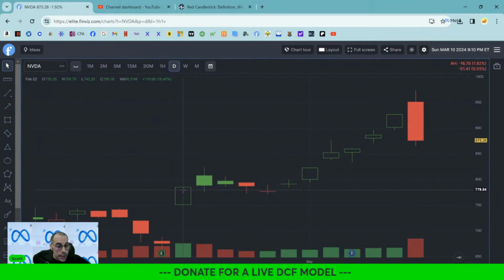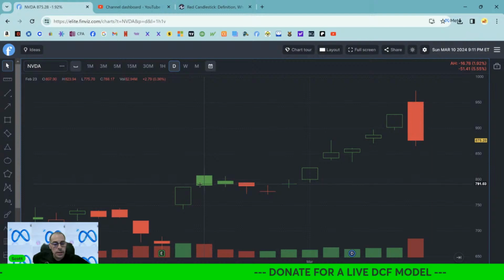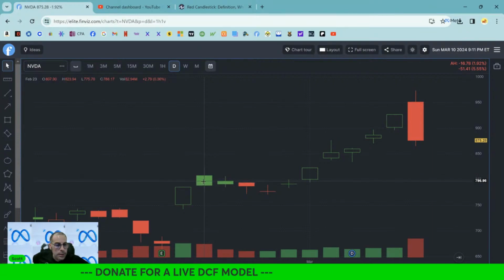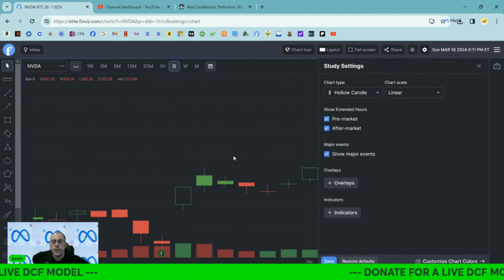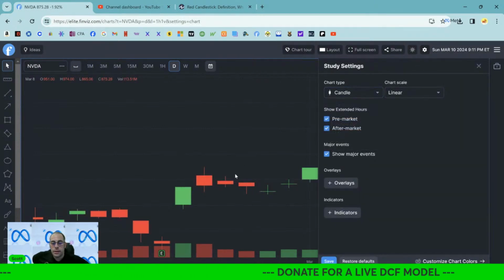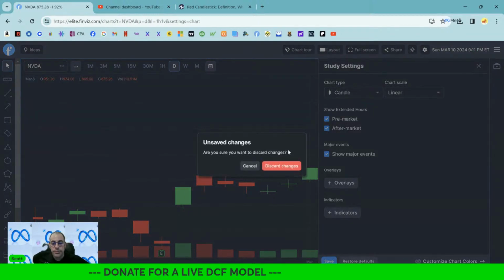So this closed at 785, and this opened at 807, and closed at 788. So this was on February 23rd. February 23rd, it's green, and it's red here. Okay, so that's a difference.